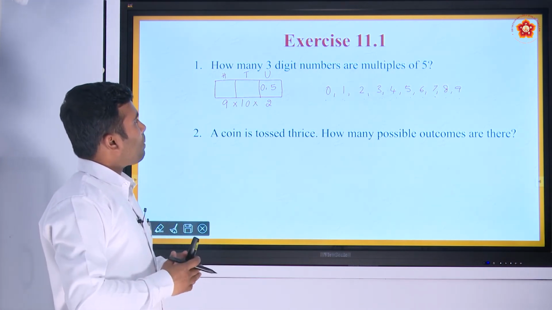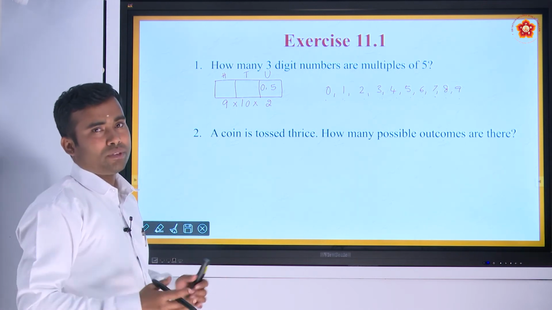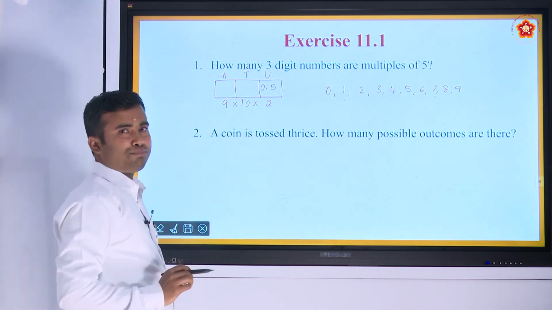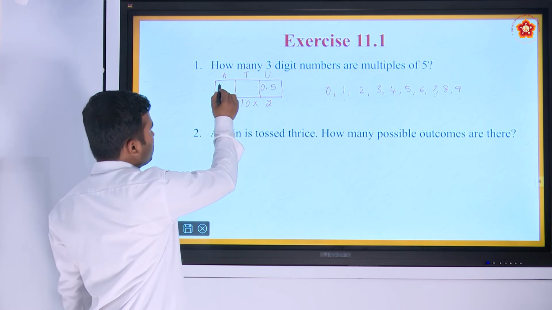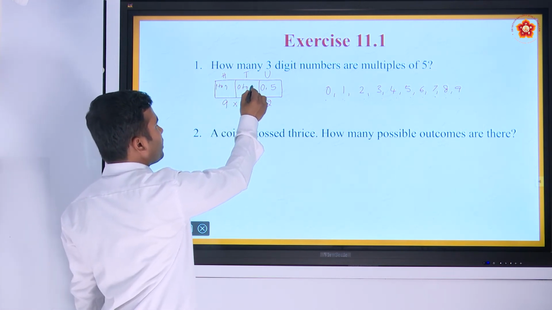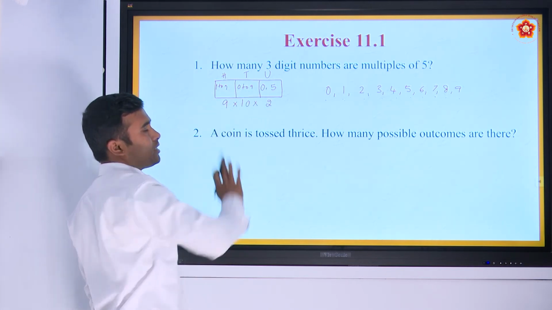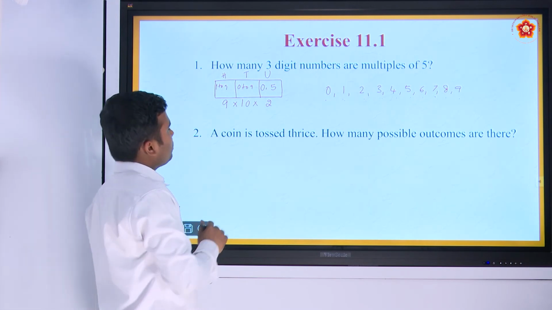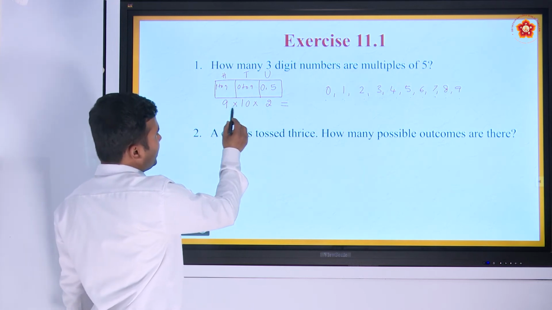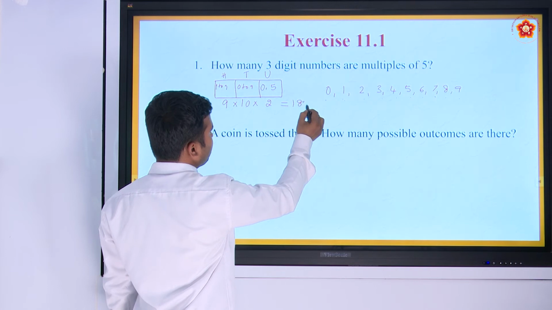So in total, the number of 3-digit numbers which are multiples of 5 is 9 into 10 into 2. Here the possibilities are 1 to 9, here 0 to 9. There are 9 digits here, 10 digits here, and 2 digits possible here. So the answer is 9 into 10 is 90, 90 into 2 is 180.